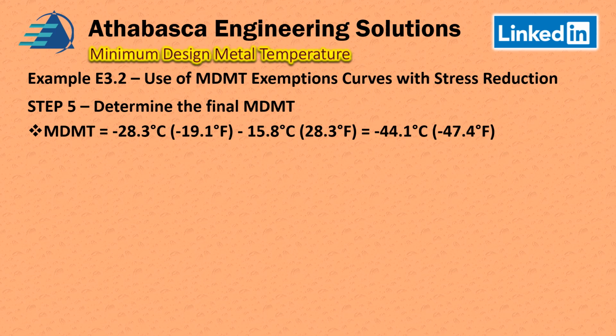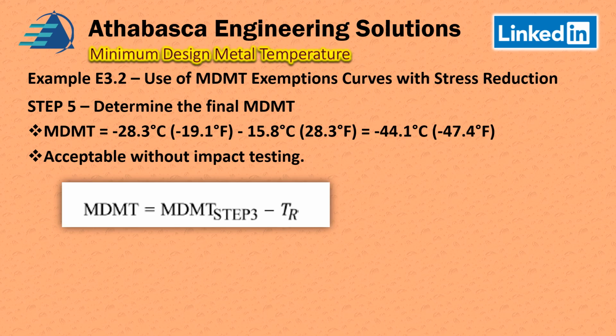So this was a very effective way of reducing our MDMT so that we wouldn't have to do impact testing in accordance with Section 8 Division 2. So everything's acceptable, no impact testing. Basically that's all we did. We used the MDMT from step 3, and we subtracted the TR ratio reduction. That's all there is to it.